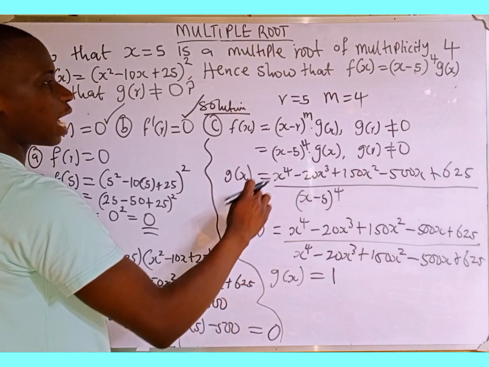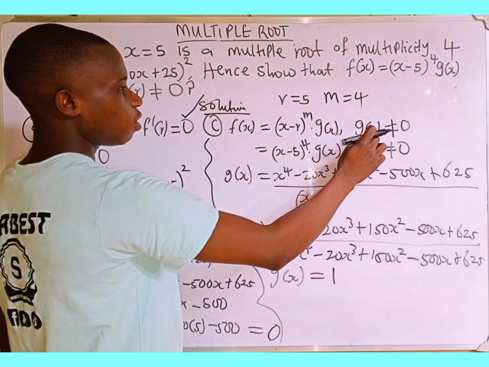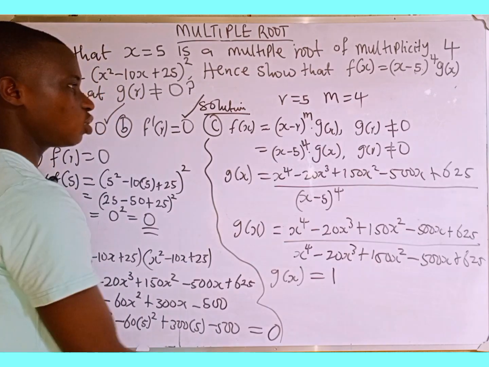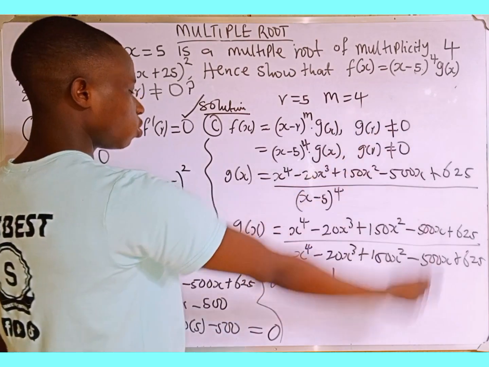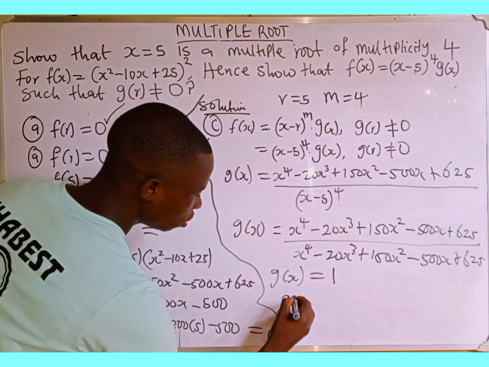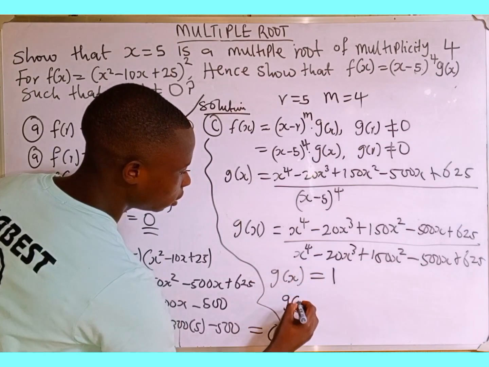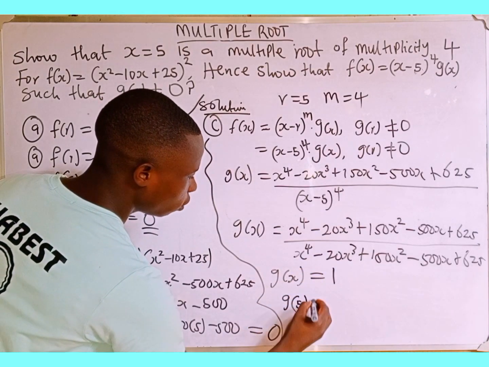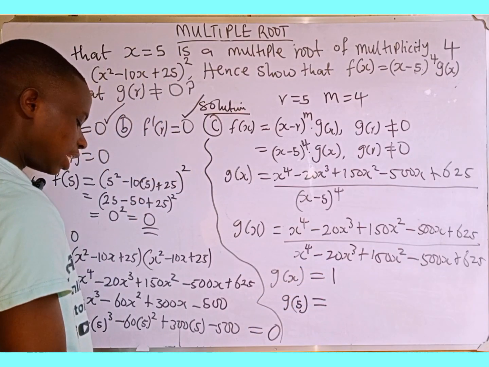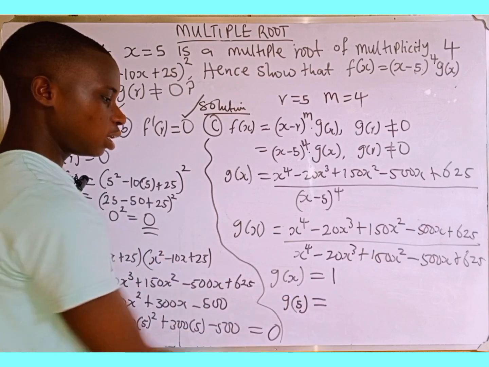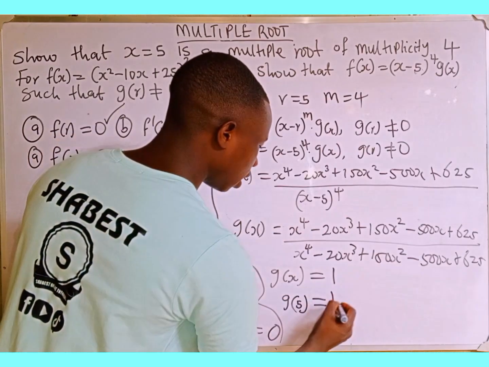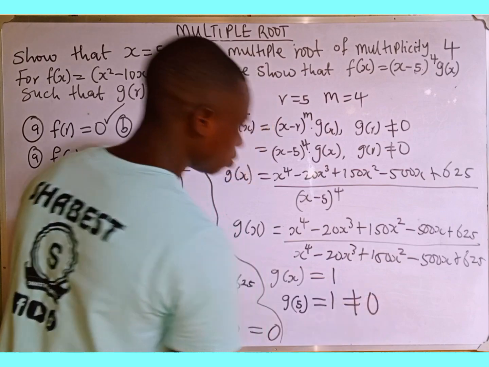And the condition says where g of r is not equal to 0. Therefore, g of r, in place of r, is now going to be 5, which is equal to, since there is no x here to substitute, it's still the same as 1. And 1 is not equal to 0.